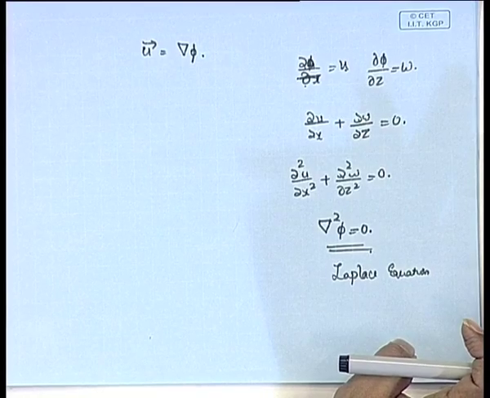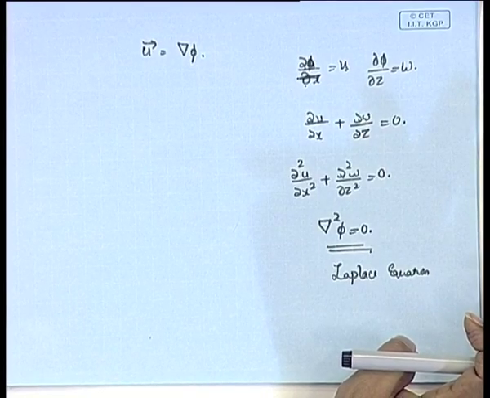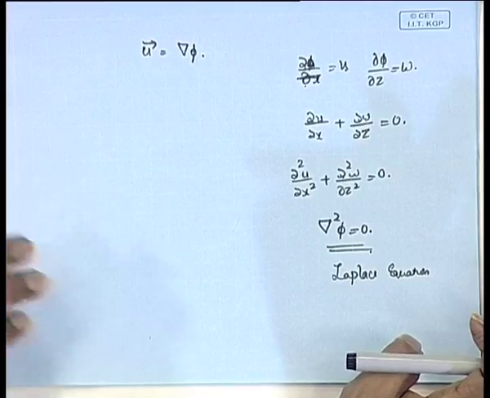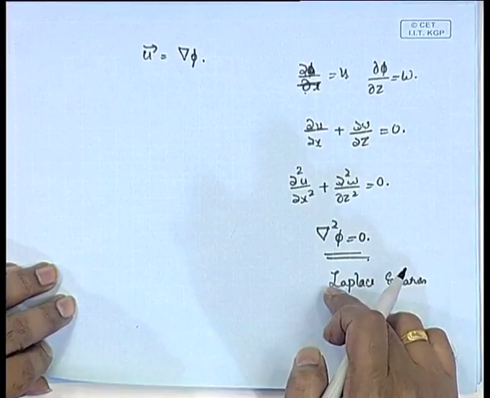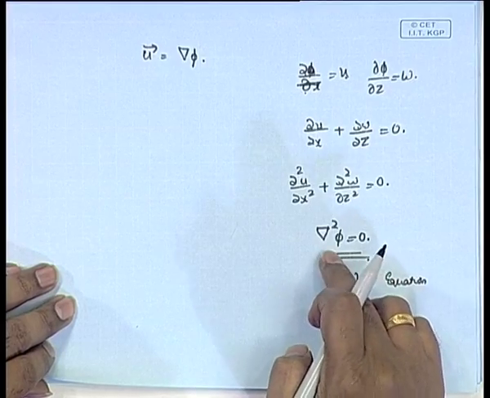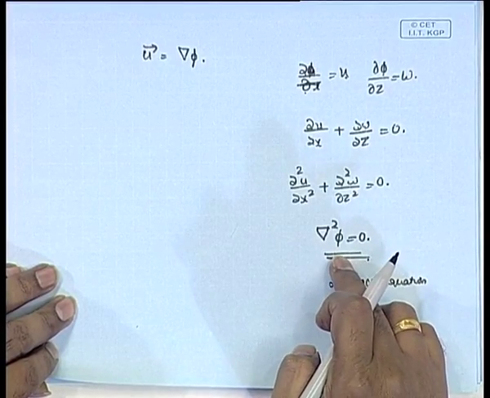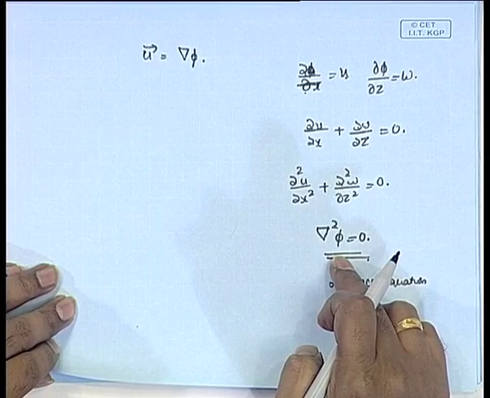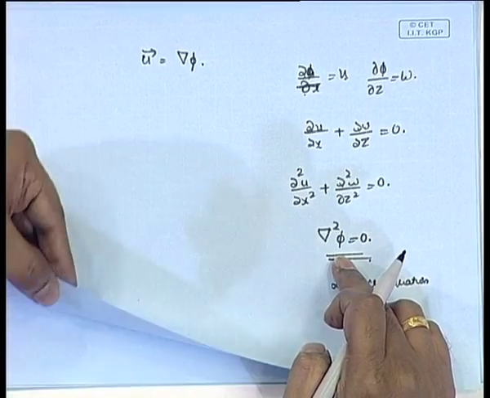The meaning of potential exists is that vorticity is 0. These are allied concepts, but you get the idea of the Laplace equation. So, a wave follows this equation del square phi equal to 0, where phi is the velocity potential.